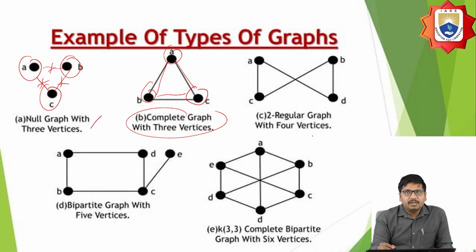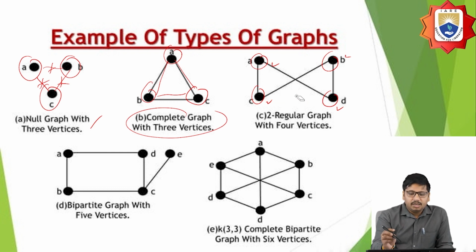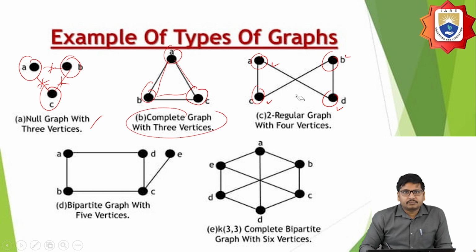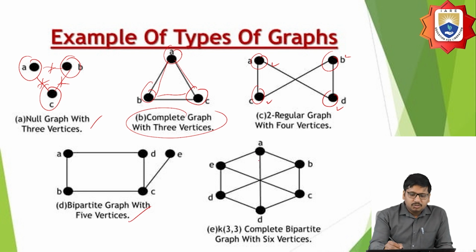Regular graph means that each and every vertex has the same degree, right? So this is a regular graph, but it is not a complete graph because these vertices are not connected. This is an example of a bipartite graph. And in a complete bipartite graph, each vertex is connected to all the vertices of the other set.